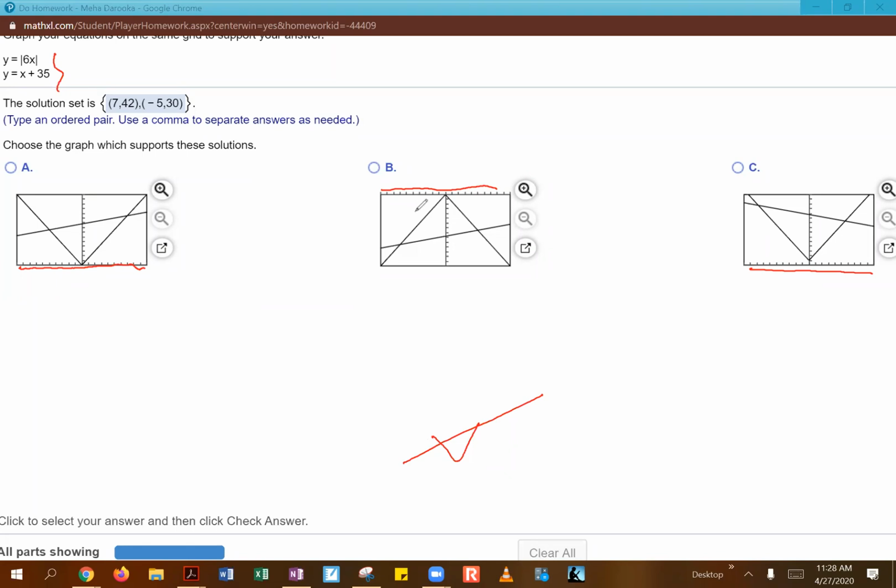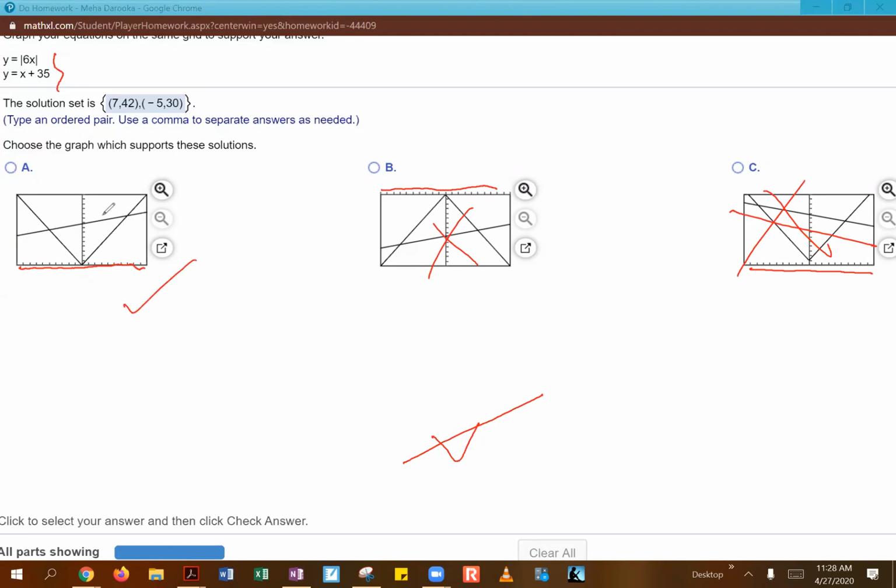That automatically takes option B out, because your graph is opening down for that absolute value. For part C, you will see the straight line is going down, which means it's got a negative slope. And that's not the case with our second line, y equals positive x plus 3y. So even just by process of elimination, you can see A has to be our option.